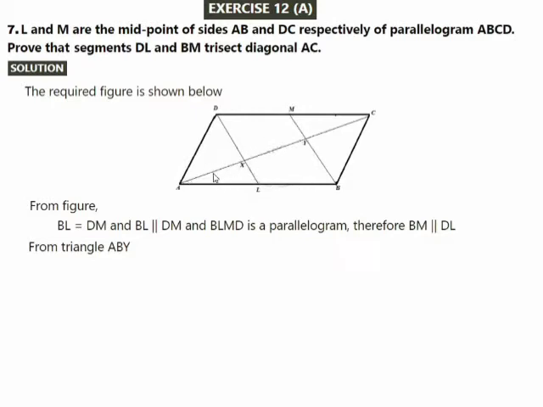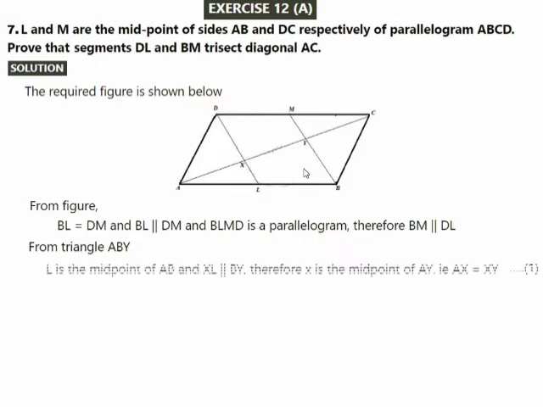Now from triangle ABY, we are talking about this particular triangle. I'm going to apply the theorem that we learned in the first class. In this triangle, L is the midpoint of AB, and XL is parallel to BY. So can we say that X is the midpoint using the converse of the midpoint theorem?